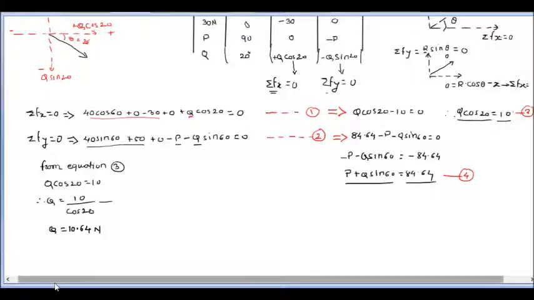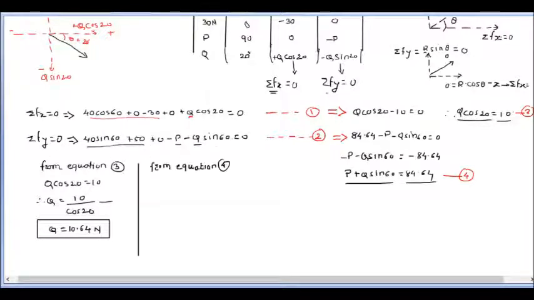This is the value for q. So from the third equation we got the value for q as 10.64, and now from equation number 4, p plus q sine of 60 is equal to 84.64. We want p now, because q we have already calculated. So p plus 10.64 into sine of 60 is equal to 84.64.